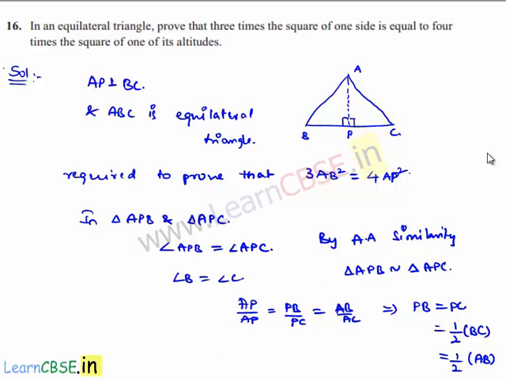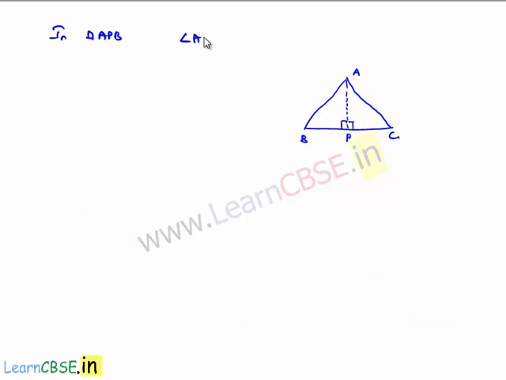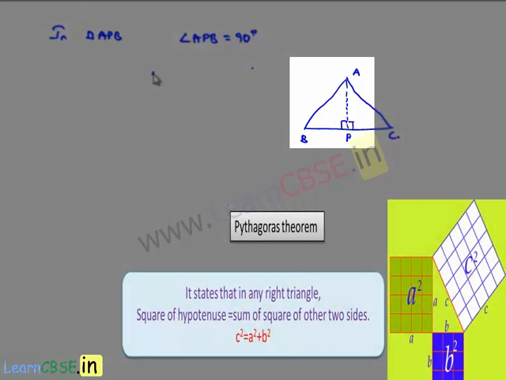Now if we consider in right angle triangle APB, angle APB is equal to 90 degrees. So here by applying the Pythagoras theorem we get hypotenuse square, that is AB square, is equal to sum of square of other two sides, that is AP square plus BP square.